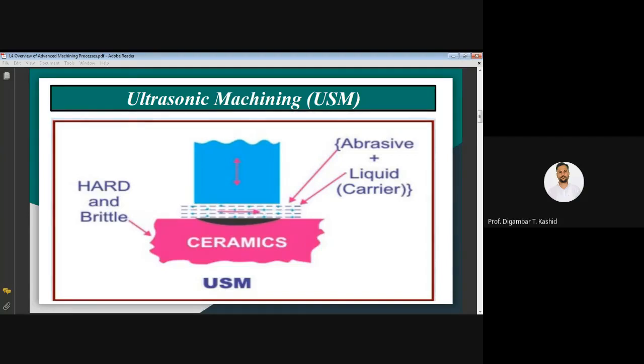Because of this, in the last lecture I explained the classification based on the properties of the workpiece which is to be machined.